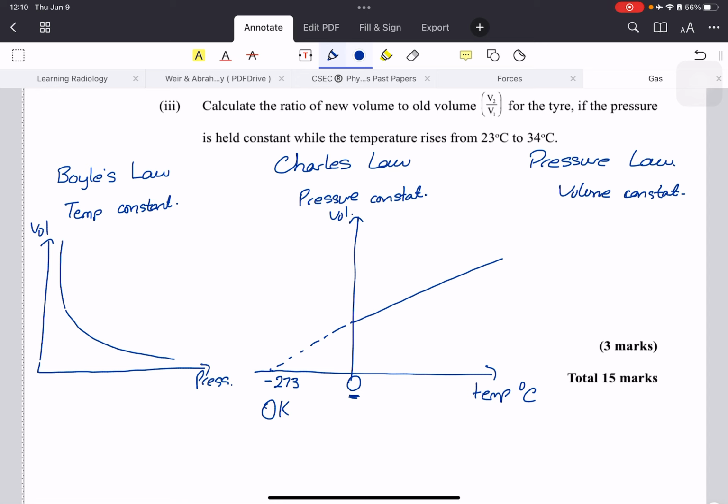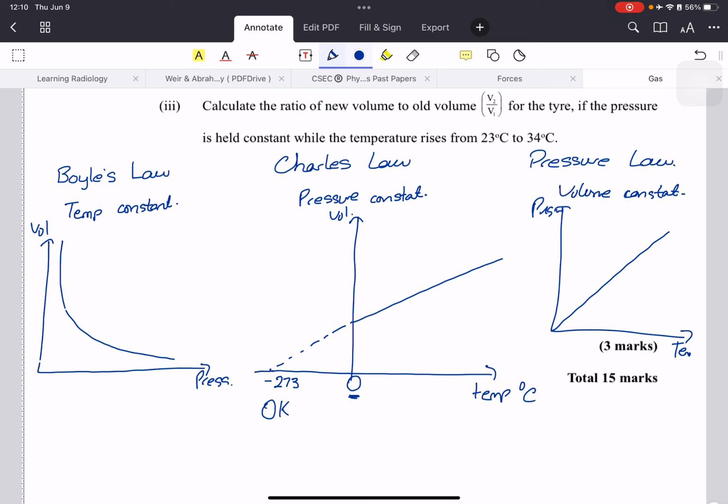So that's why to convert any degrees Celsius to Kelvin, you add 273. Very simple. And then finally the pressure law is another simple one, right? So you have pressure, and we have temperature, and it's a straight line going up like that.